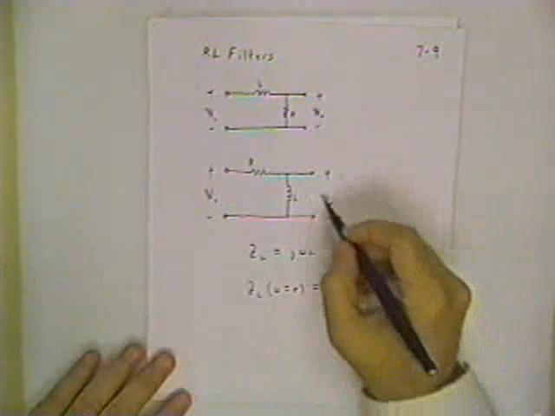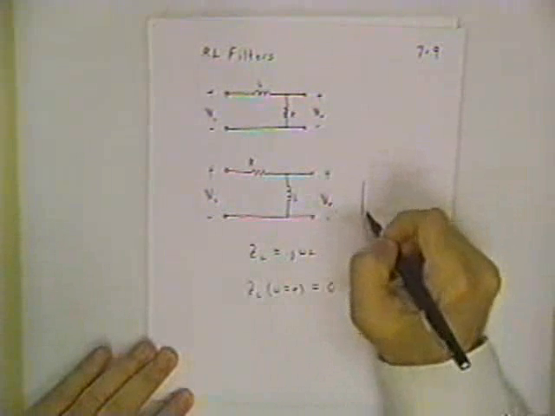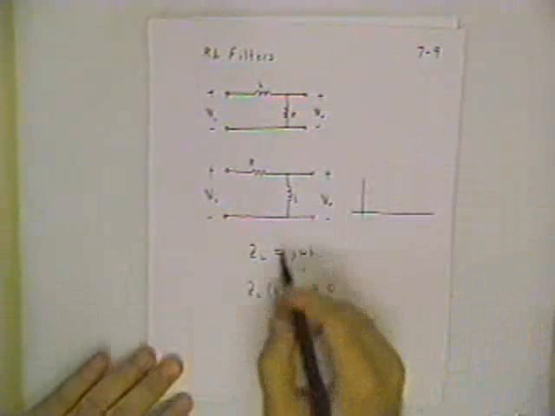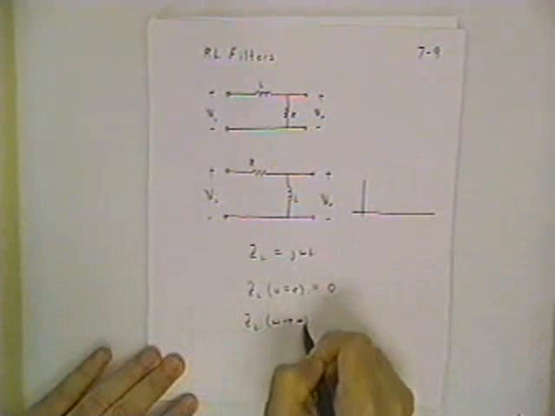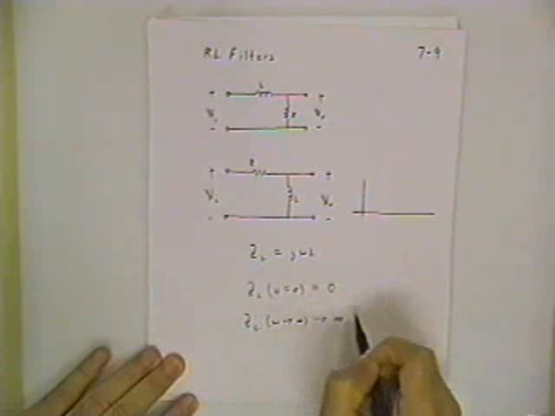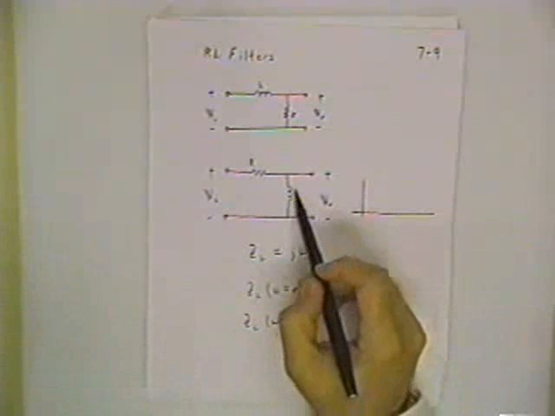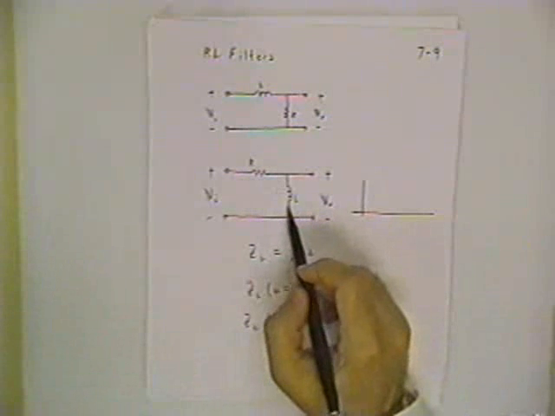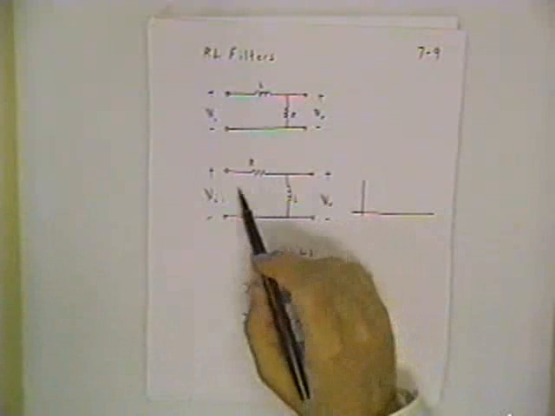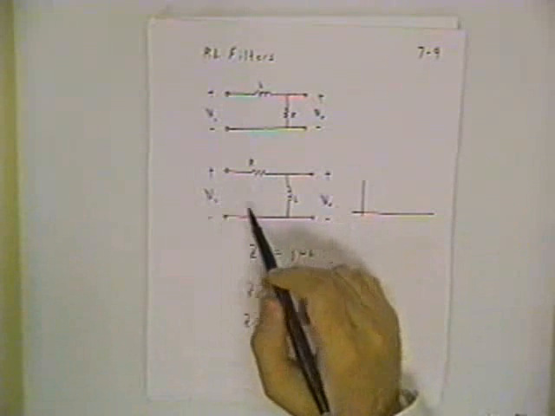So low frequency, no output. High frequency, Z sub L when omega goes infinite, actually goes infinite. And so when I'm at high frequency, this impedance is so much bigger than the resistor's impedance that the voltage divider tells me the output is going to be virtually the same as the input.